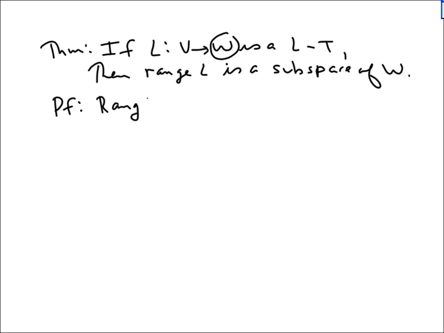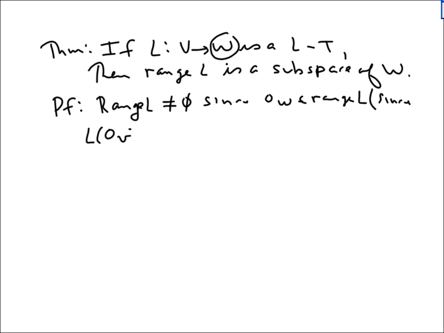The range of L is not empty since 0 is in the range of L, since L of the 0 vector is equal to the 0 vector. I was able to take L of something to get the 0 vector.